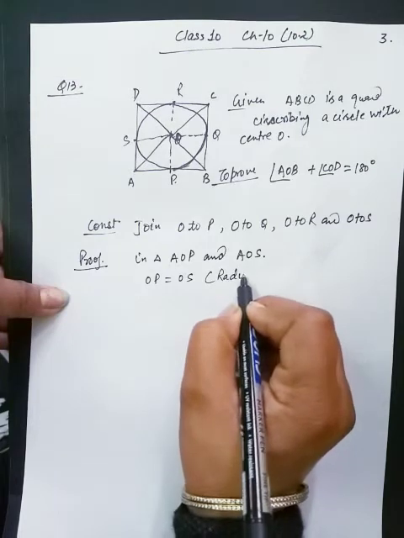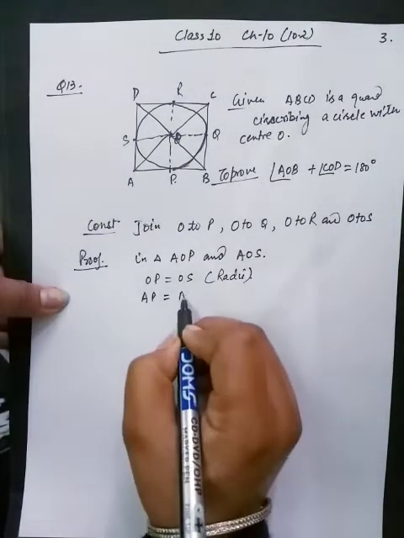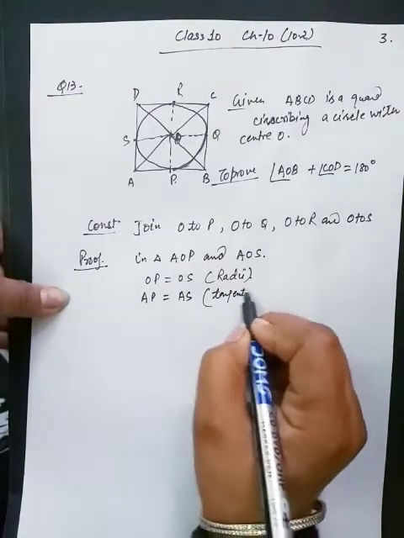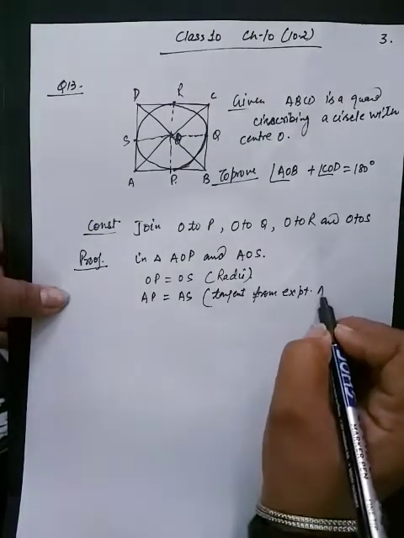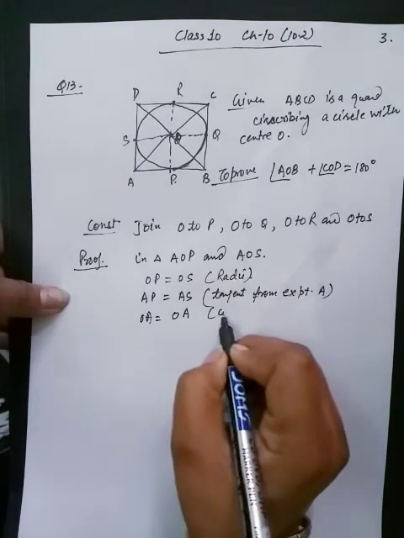These are the radii of the circle. And AP is equal to AS, tangents from exterior point A. And OA is equal to OA. This is common.